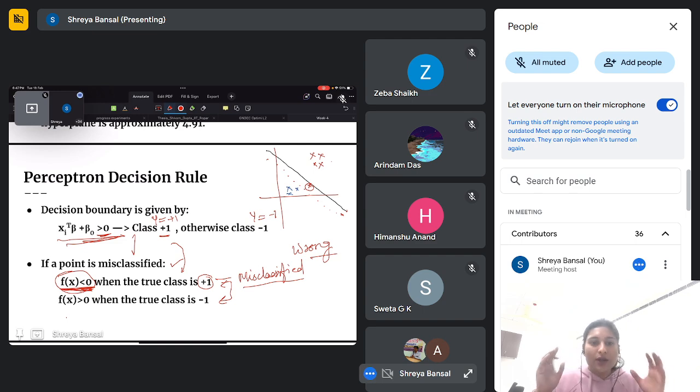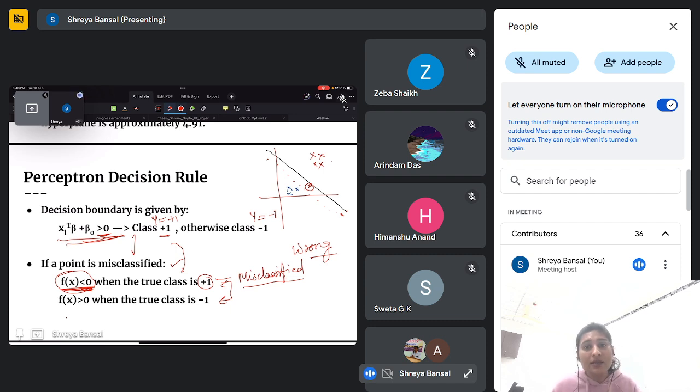Okay, look, when you are training something, let's say I give you some data. Let's talk about 2D. There are some objects scattered, some blue objects, some red objects. I told you that you have to separate those objects, you have to make a boundary.